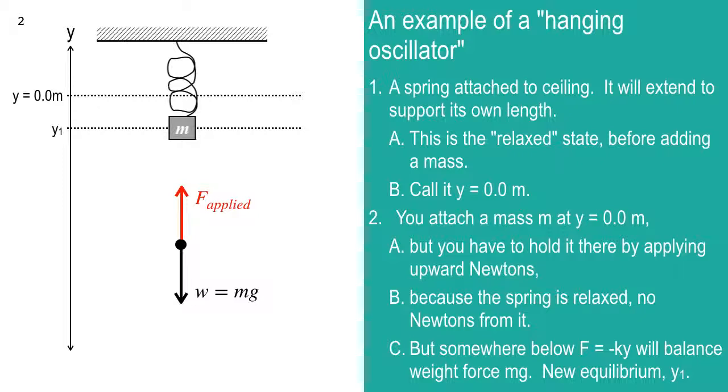I mean, 0 is up at the top, and y1 is whatever it is. We don't have it specified yet, but that's going to be a negative number. So minus ky, minus k times negative something, is a positive number. So your force is going to be upward here, and at just the right y1, it's going to be equal to mg.